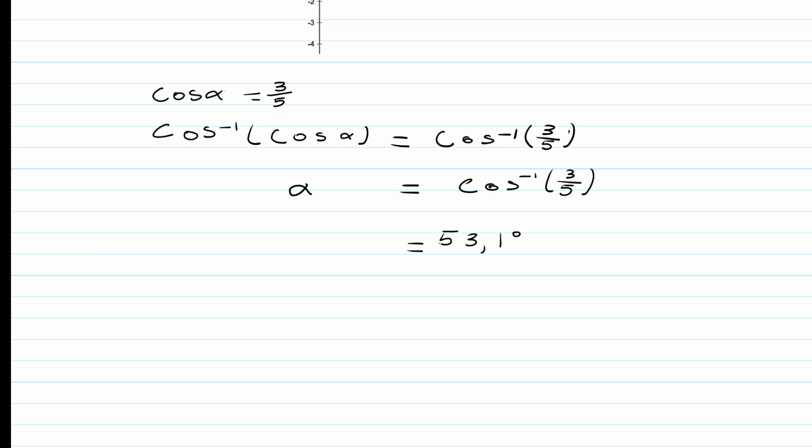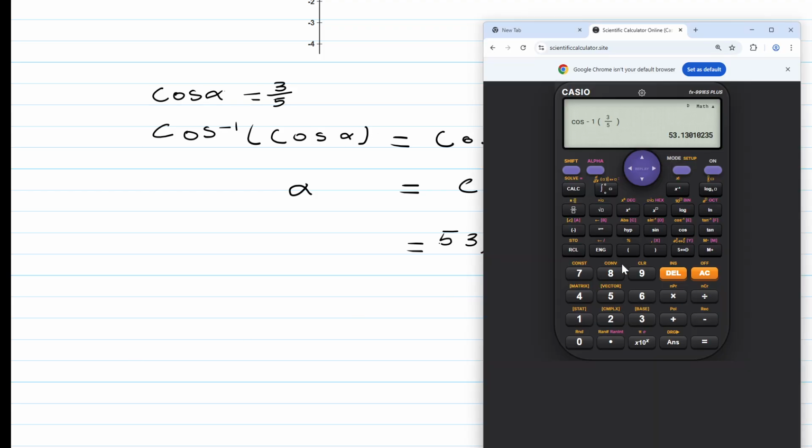Let us go back to our calculator and reset it, and now we want to see if we apply cos to 53.130, and there it gives us the ratio that we began with, which is 3 divided by 5.